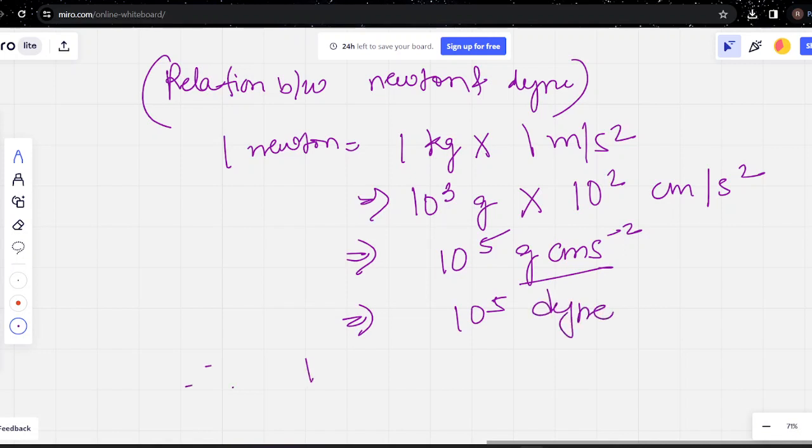Therefore, I can say 1 Newton equals 10 to the power 5 dyne. This is the relationship between Newton and dyne.